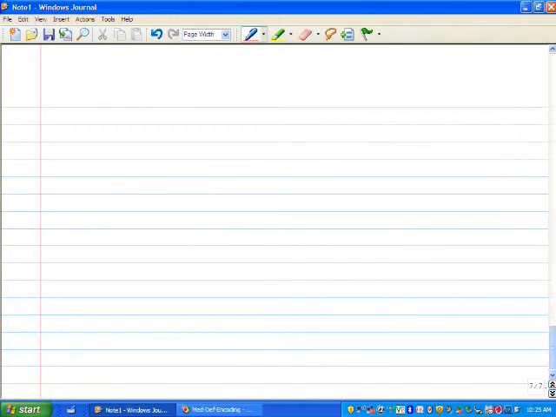Another example, suppose you had the integral of secant squared of x times tangent of x plus 3 dx.